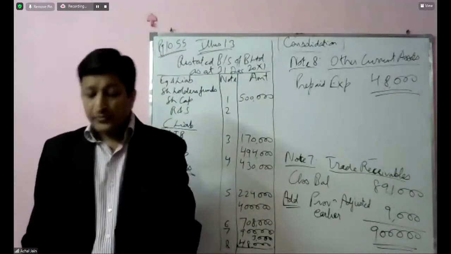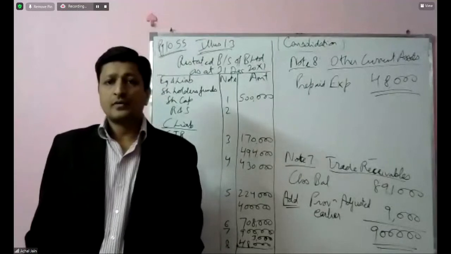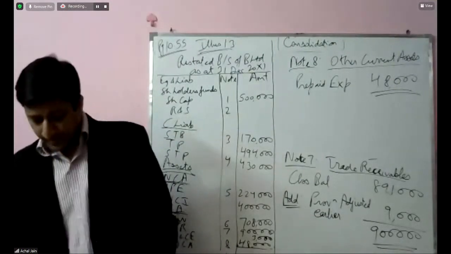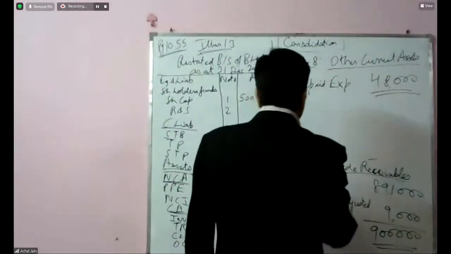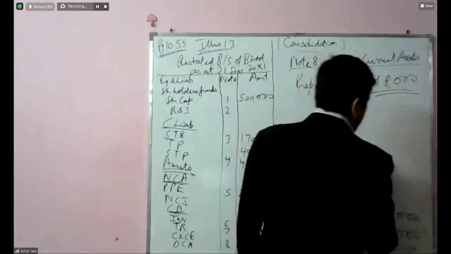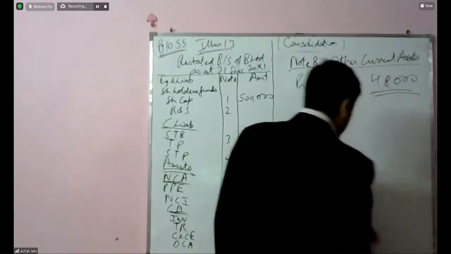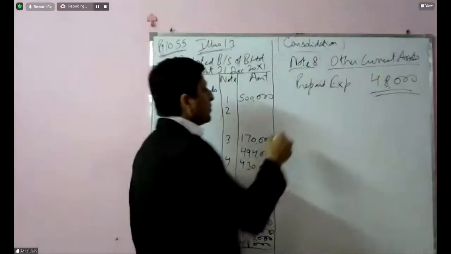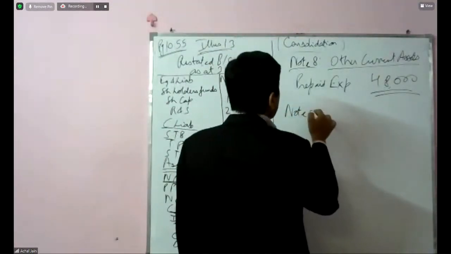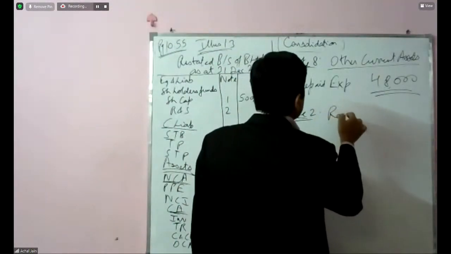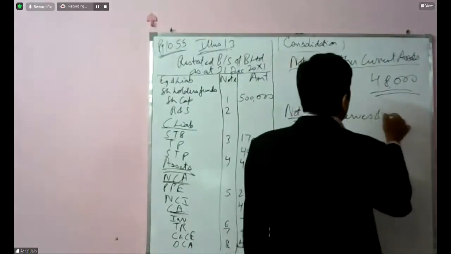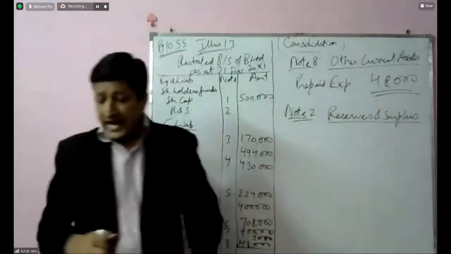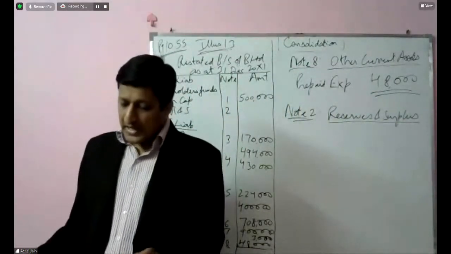Okay, so then I think we are still left with one more note. That goes on reserves. Note number 2. Reserves and surplus. Now, what is the line item?